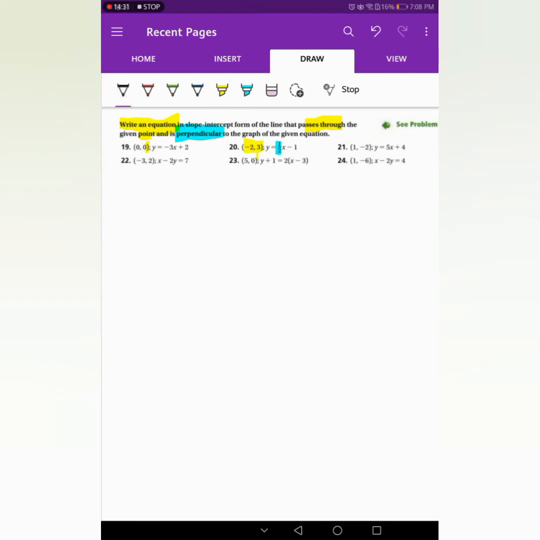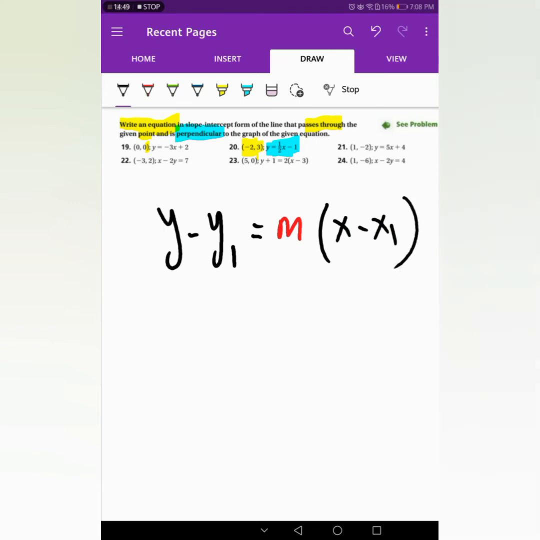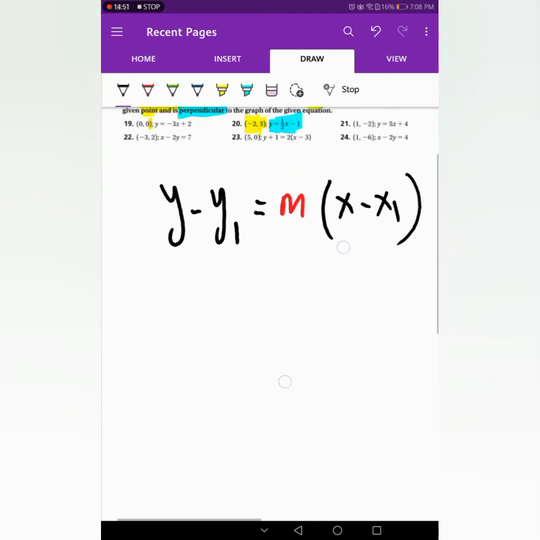Okay, but if you have a point and equation, that means you have to use this: y negative y1 equals m multiply x negative x1.